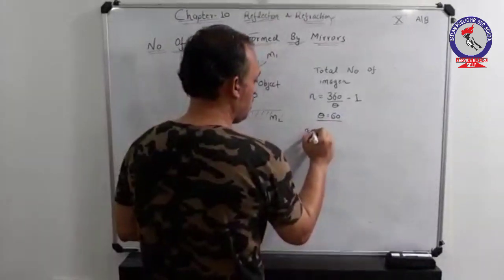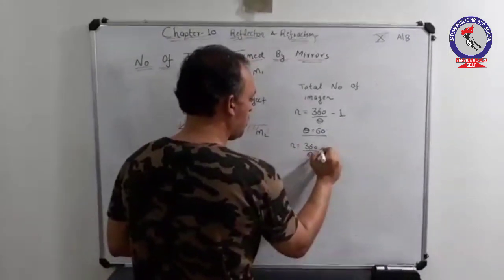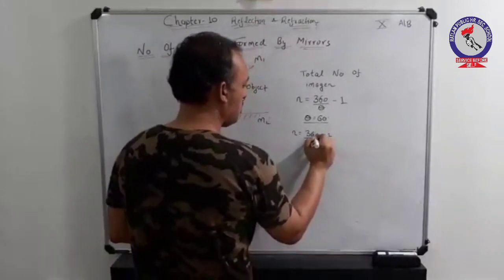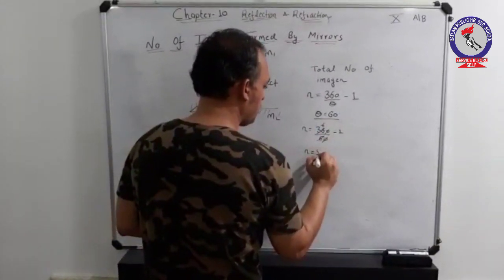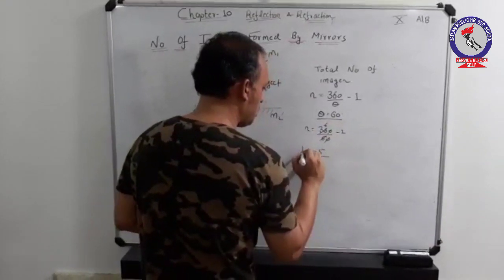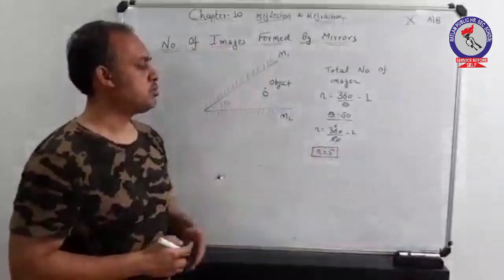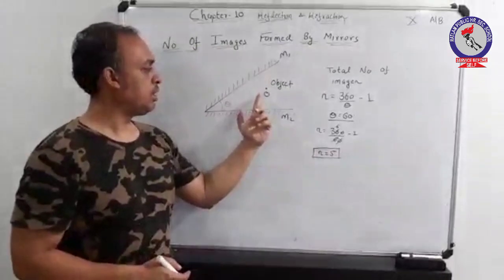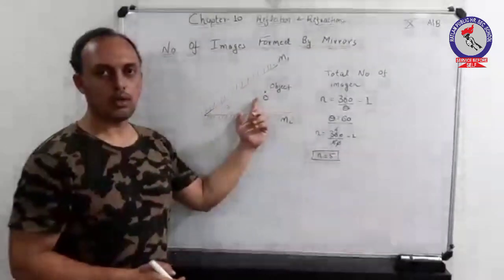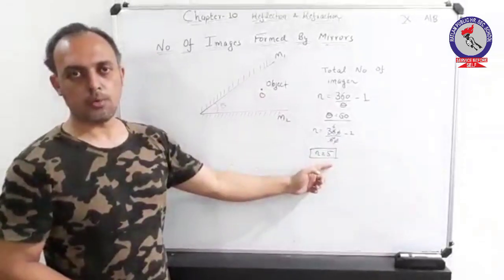You have n equals 360 upon 60 minus 1, 6 minus 1 is 5. That is the total number of images formed by these two plane mirrors kept at an angle of 60 degree with an object in between at any position is 5. A total of 5 images will be formed.